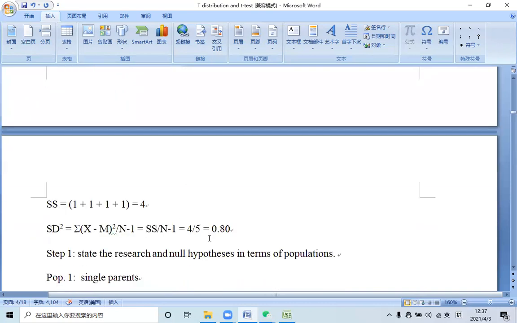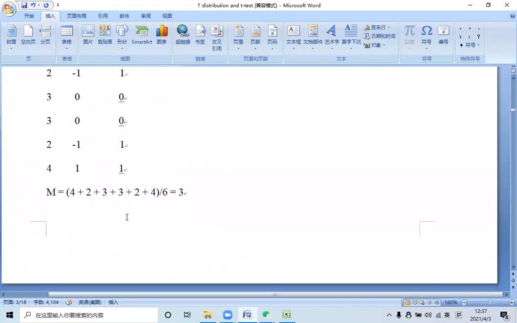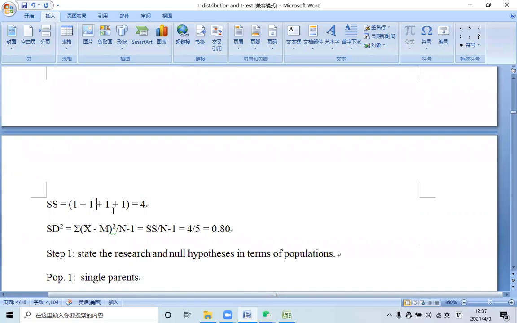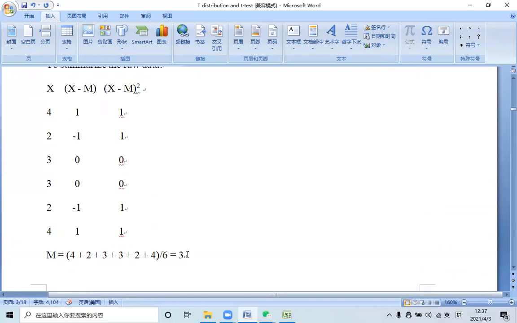We can also calculate the variance or standard deviation. Remember, for variance, you always get a sum of square deviations. The mean is 3 hours. Some of the single parents are going to spend more time than 3 hours. First person, 4 hours, 1 hour more than average.